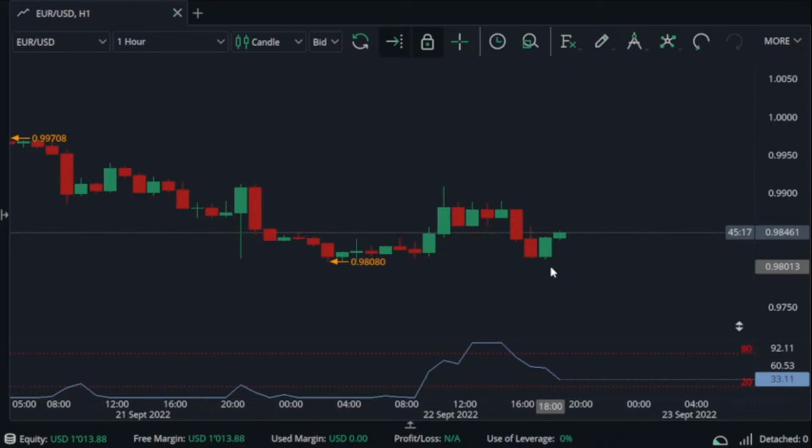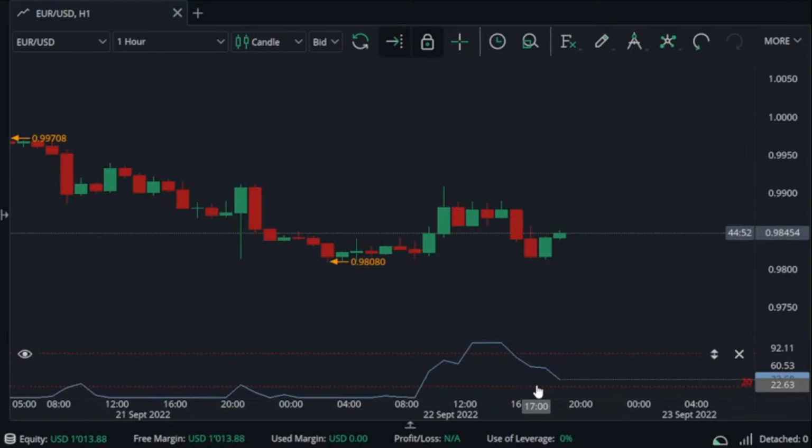The interpretation is quite simple if you are familiar with the way RSI works. We have these two important levels defined as markers, critical markers, 80 on the higher side and 20 on the lower side. These are the determining factor which can also be used as a trade signaling zone.